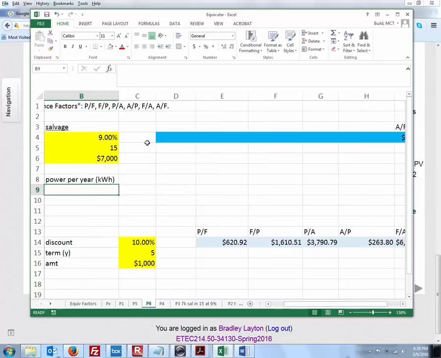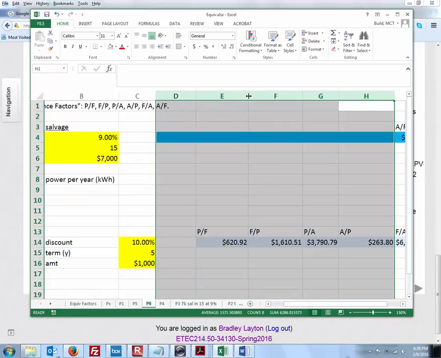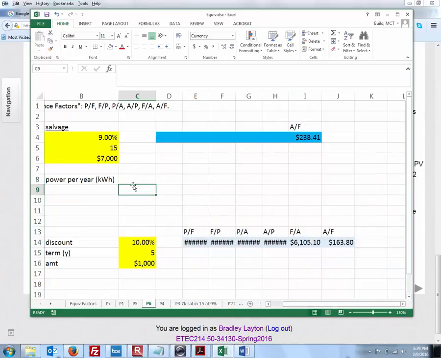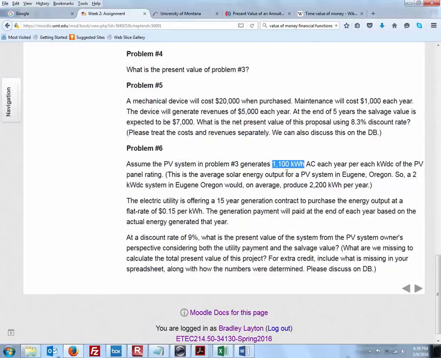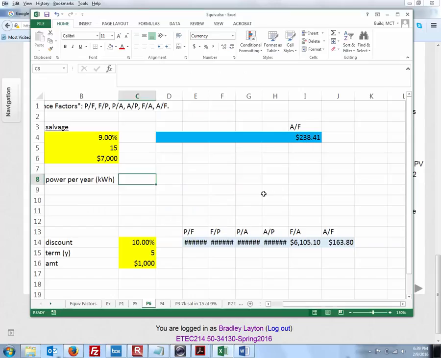Let's get these guys scrunched down a little bit. Panel rating. He's not really telling us how big the panel is, but I'm going to assume that we're going to make 1,100 kilowatt hours of AC per year.